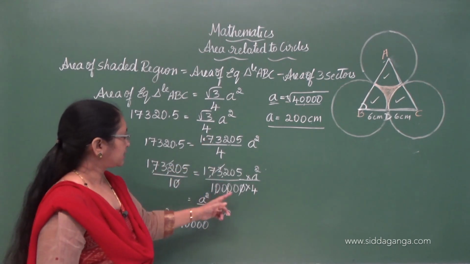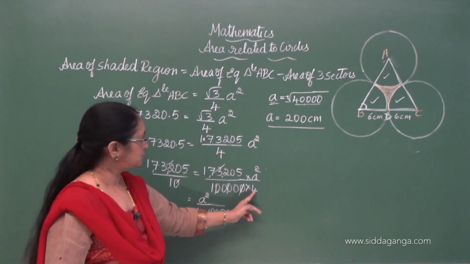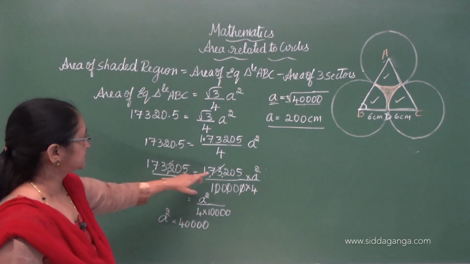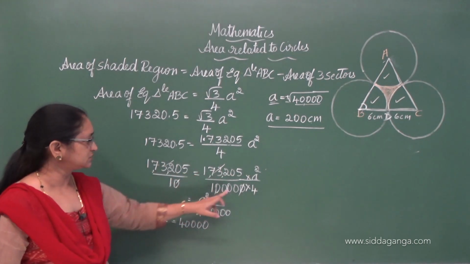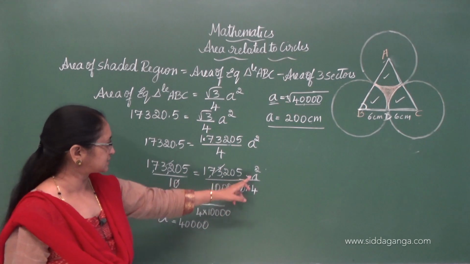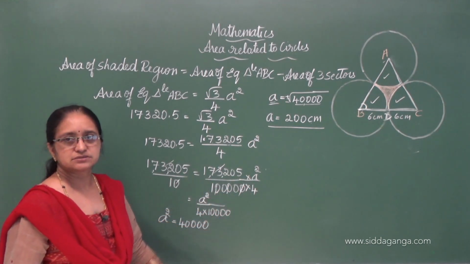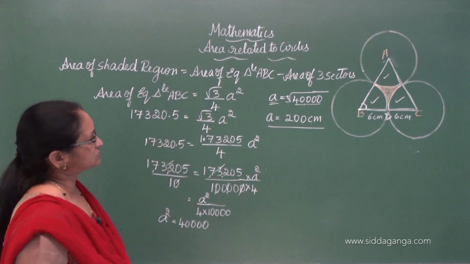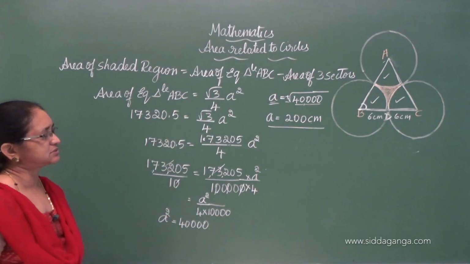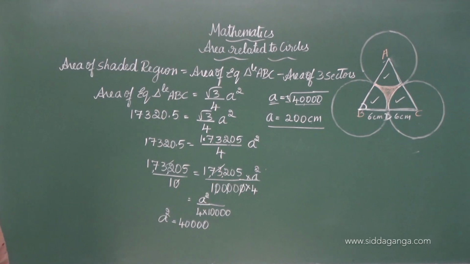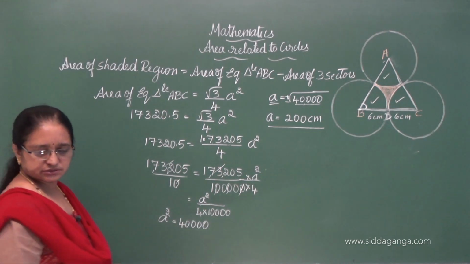Then into A square by 4, correct? Now this and this get cancelled, and 10 and 10 get cancelled, giving you A square by 4 into 10,000, correct? So 40,000, square root of 40,000 is 200. 200 into 200 you will get 40,000, correct?